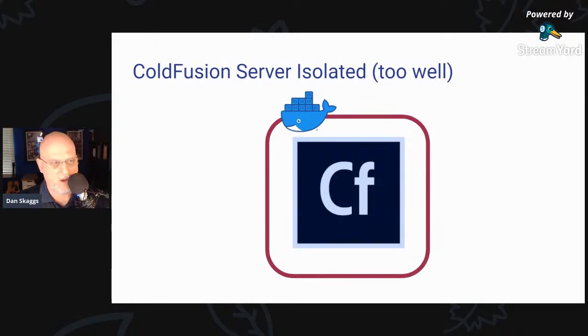So let's talk right quick about where we are at the moment. We absolutely have ColdFusion running inside a container on the Docker ecosystem. Docker has very helpfully created an impenetrable fence all the way around our CF app server.